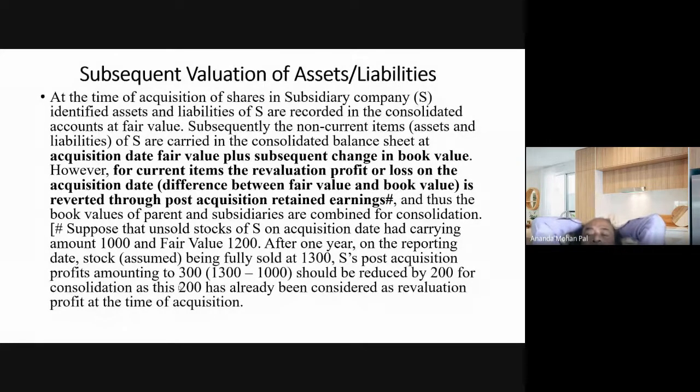If it is a revaluation loss, then you have to increase. If it is revaluation profit, you have to subtract that. Whether you understand this fully or not, keep this as a rule, at least, that this should be done for current assets, current items.